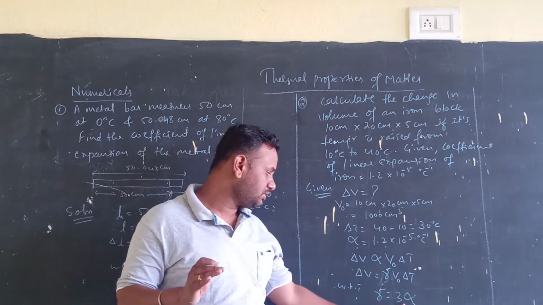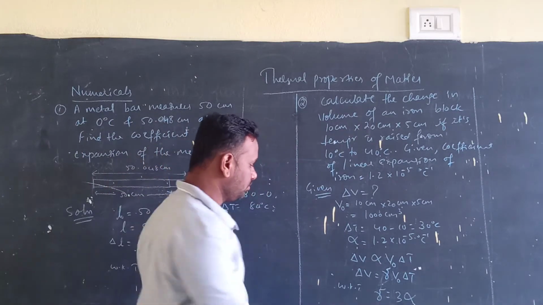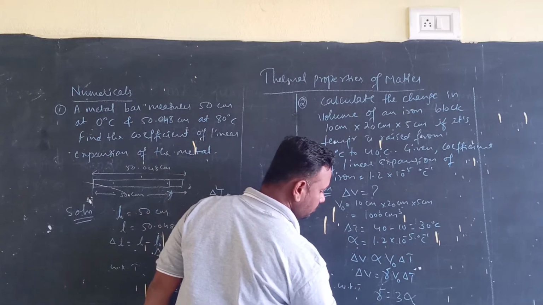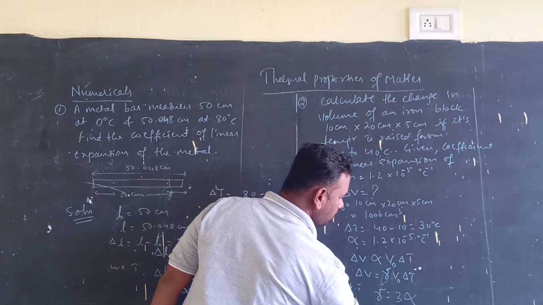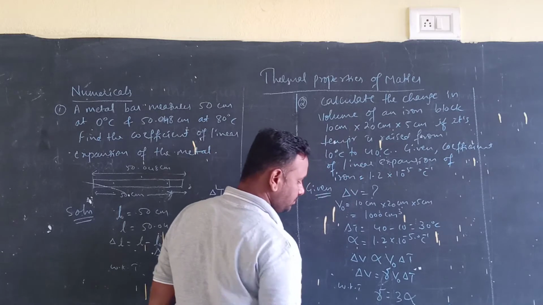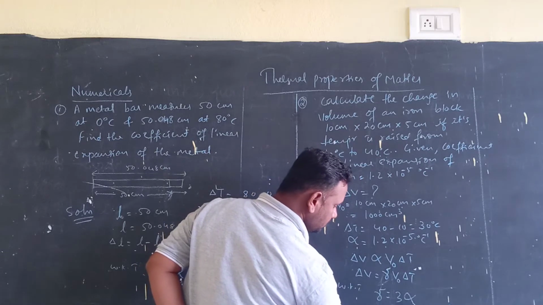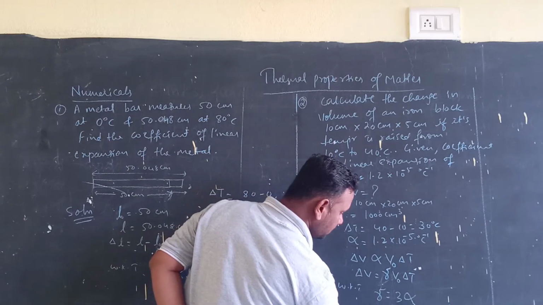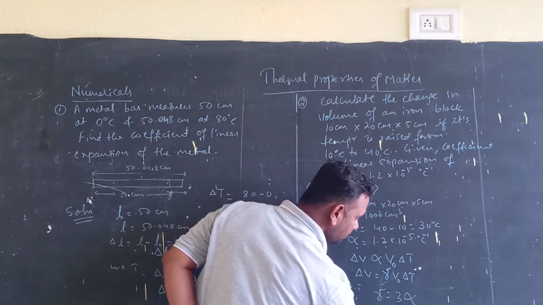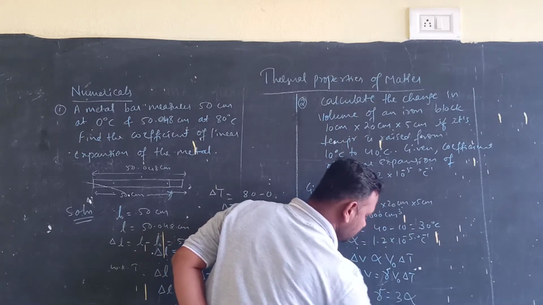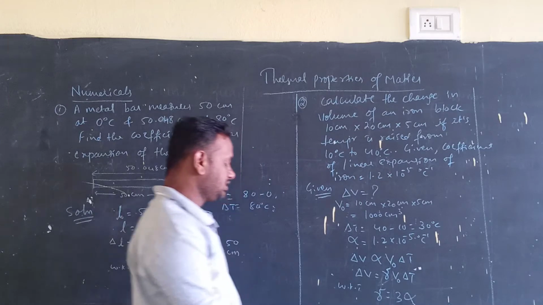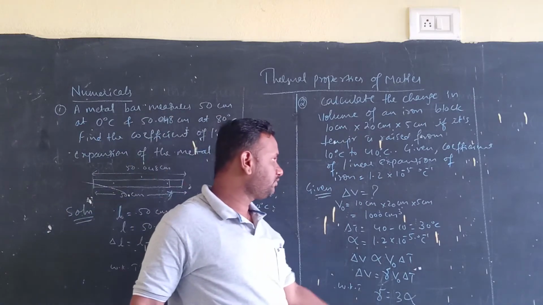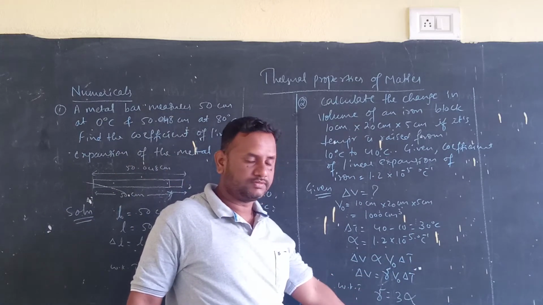So gamma is equal to 3 alpha. So 3 into 1.2 into 10 to the power of minus 5. So 3 2s are 6, 3 1s are 3, so 3.6 into 10 to the power of minus 5 per degree Celsius, which is the coefficient of volume expansion.